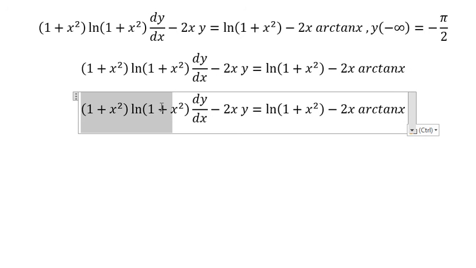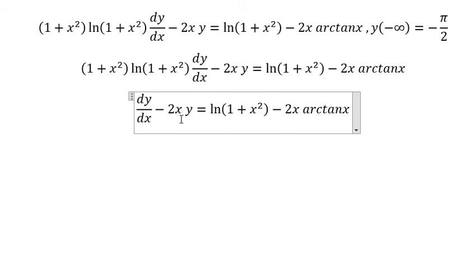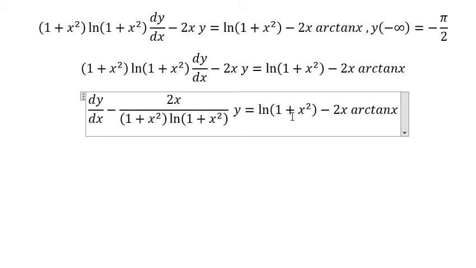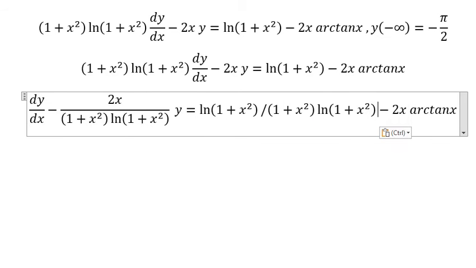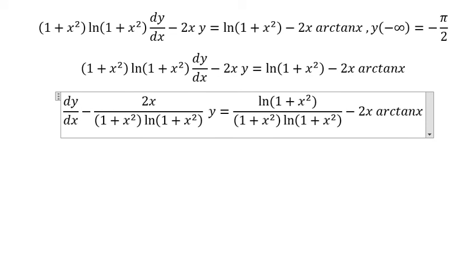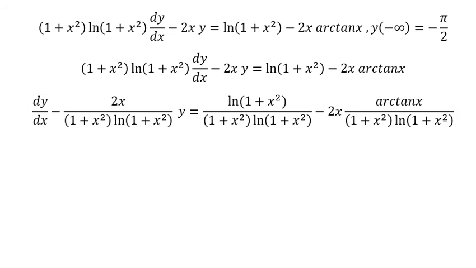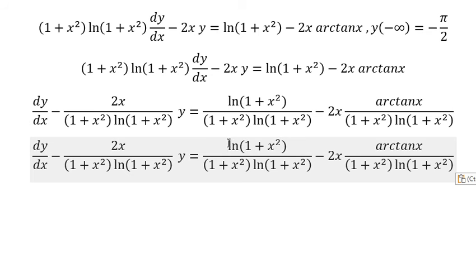We need to divide both sides by 1 plus x squared, ln of 1 plus x squared. So this one we simplify.